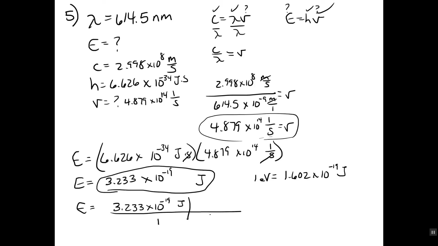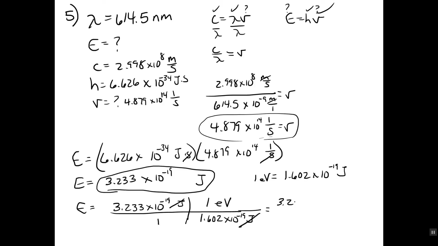Over 1. Okay, now it's telling us we have joules on the bottom, right? So we have 1.602 times 10 to the negative 19th joules, because again, we had to bring our label down. So joules is going to be on the bottom, and the conversion factor, 1 electrovolts right here. And again, this is just a conversion factor just like normal. So those cross out, and so you end up with 3.233 times 10 to the negative 19th divided by 1.602 times 10 to the negative 19th.